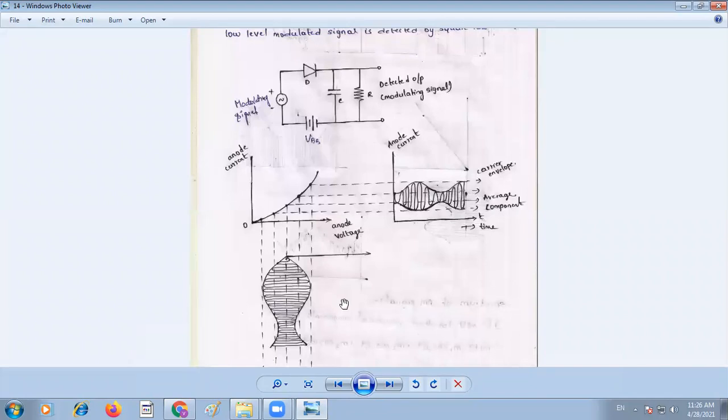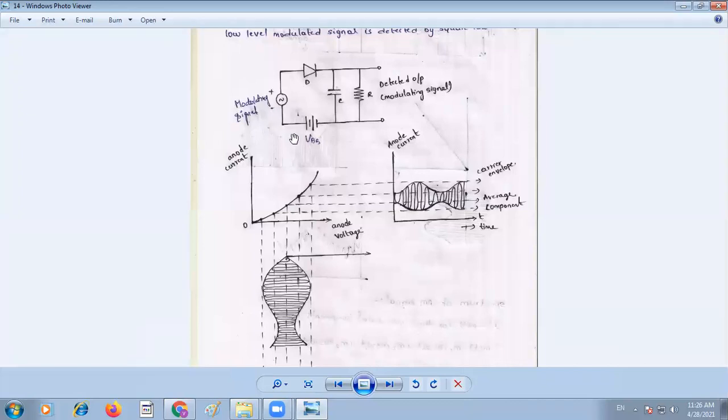Do you observe the circuit differences between generation and detection? For the generation, two voltage sources are applied to the diode: one is the carrier voltage source, another is the modulating signal voltage source, along with the biasing supply. After that, the output of the diode is given to a tank circuit.